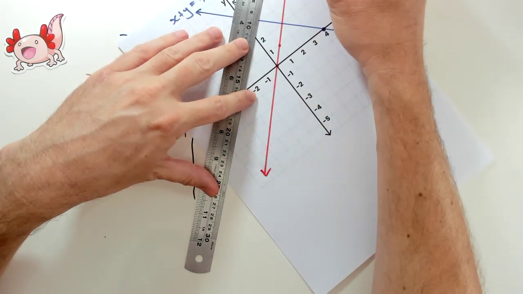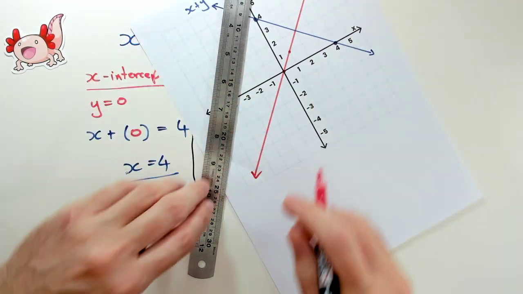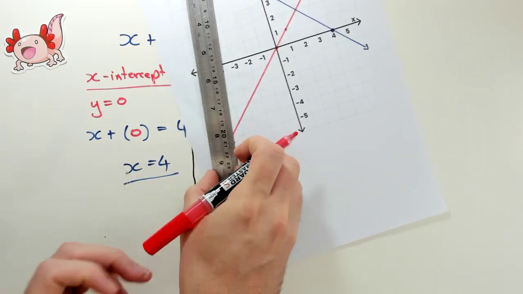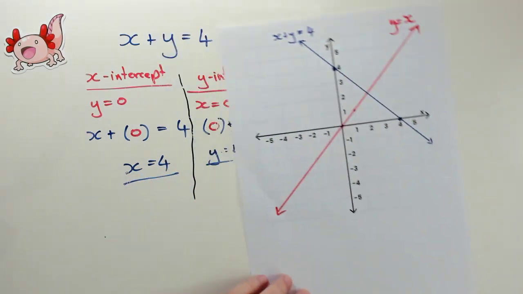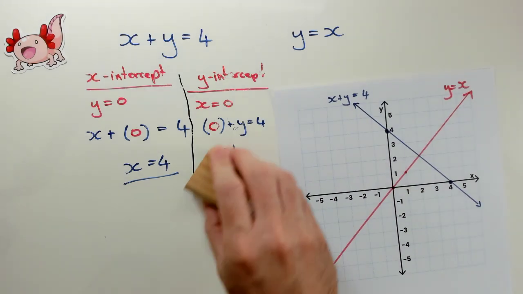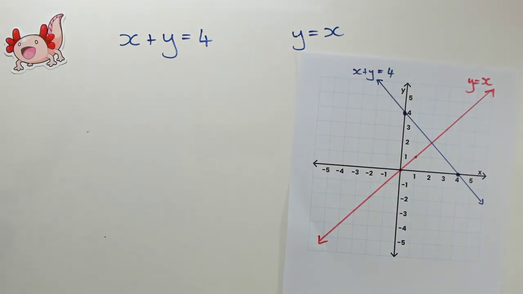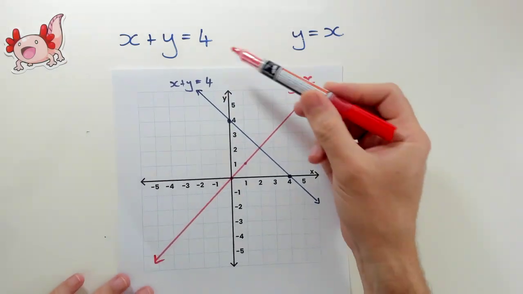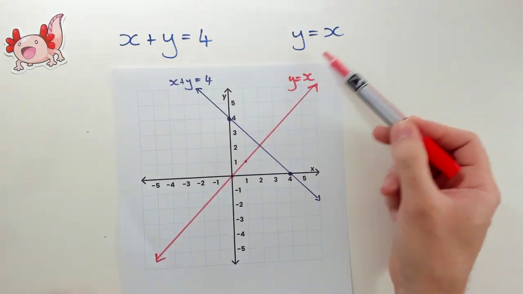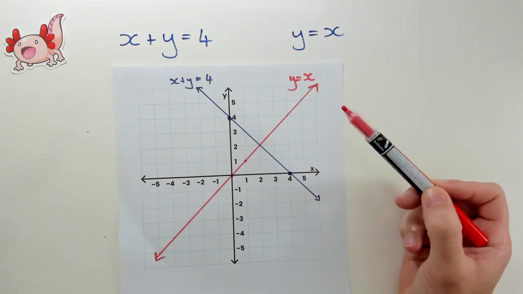There we go. And this one is y is equal to x. Cool, so we see something special. This doesn't look so nice now, let's take this off. There we go.